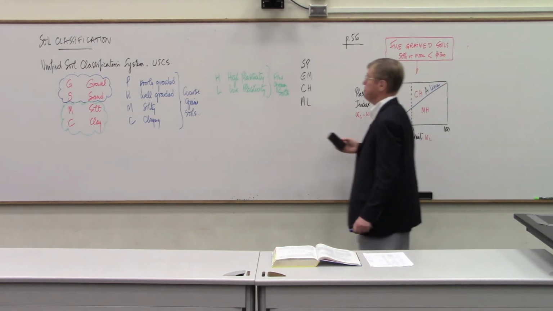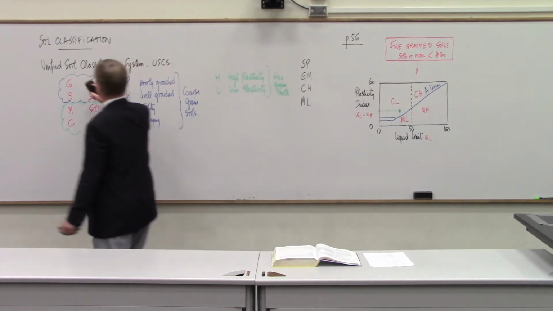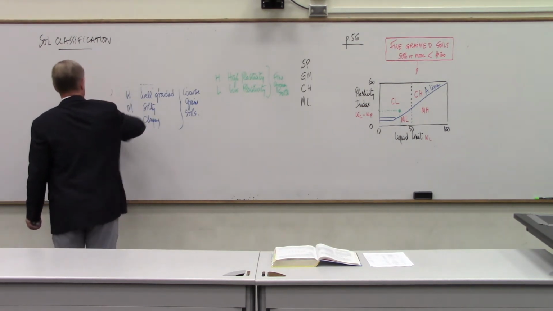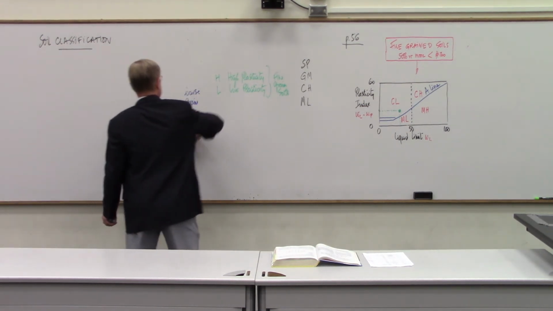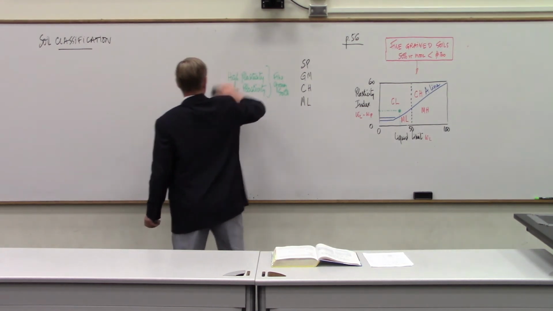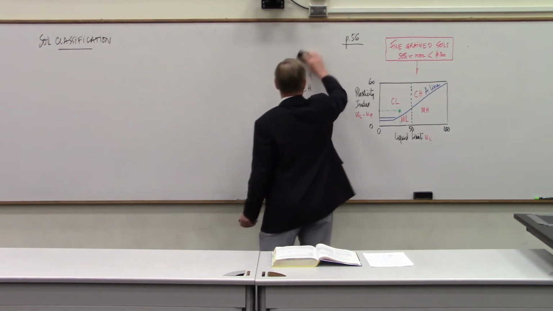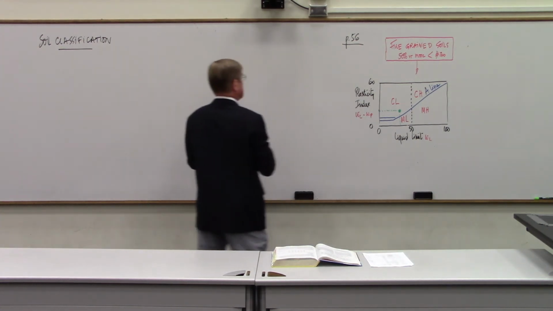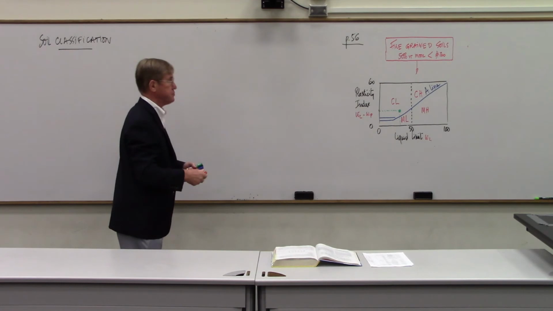And I'm going to go back in here, because the flow chart for coarse-grained soils is larger. But I'm also on page 56.